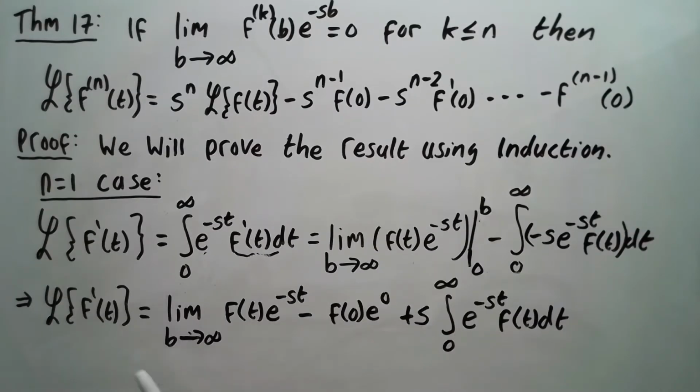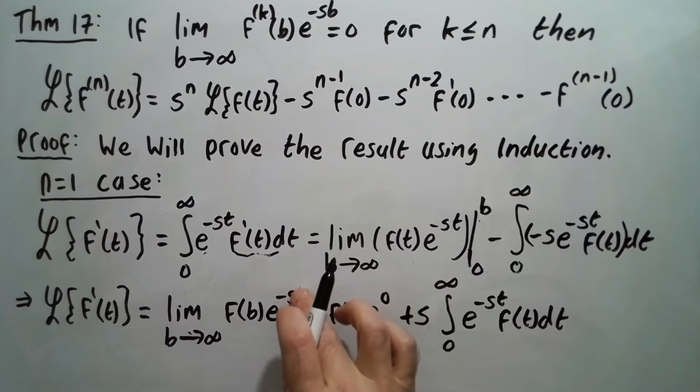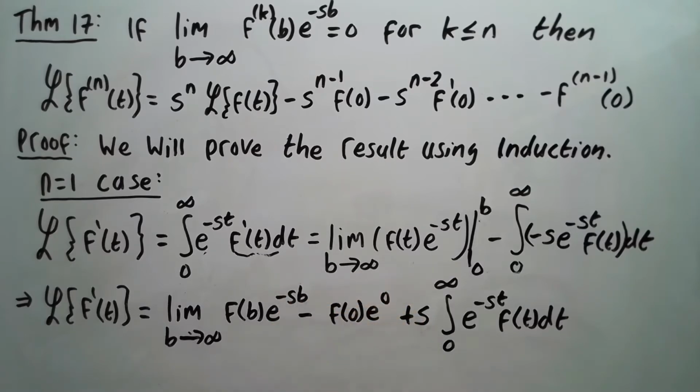Simplifying a bit, we have the limit as b goes to infinity of, should be b on this, here and here. And then subtract, putting in 0 in place of t, so it'll be f of 0 times e to the 0. That takes care of this limit part. And then, as I mentioned, the minus and minus cancel, and I can pull the s out.